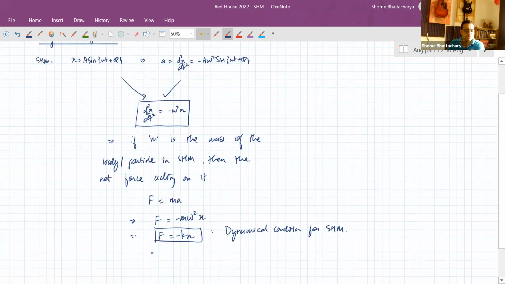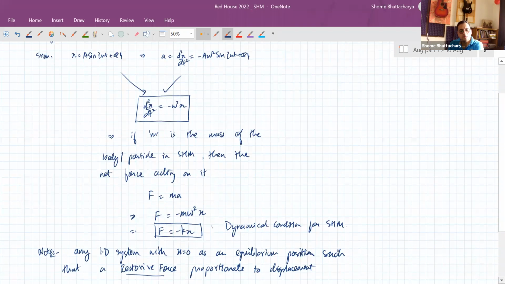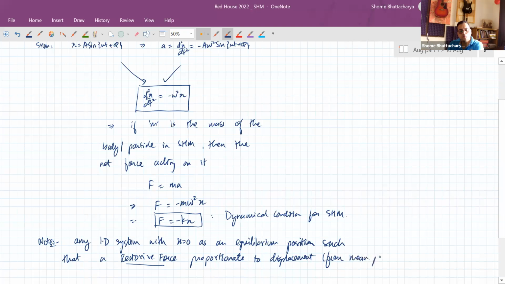Okay, so we can now describe this in words by saying that any one-dimensional system with x equal to 0 as an equilibrium position, such that a restorative force proportional to displacement from the mean position acts, is going to perform SHM.